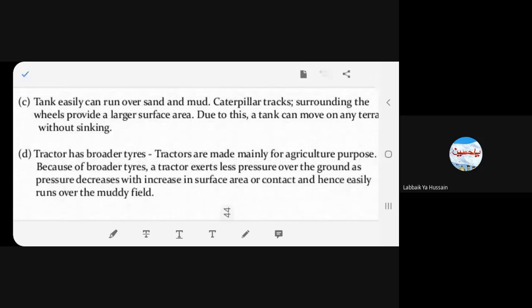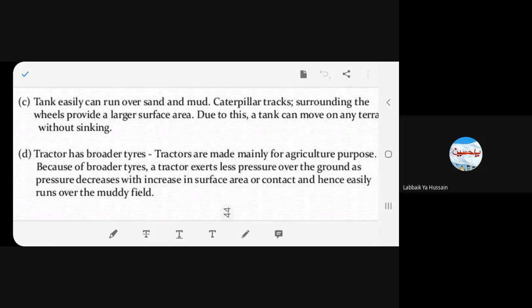A similar case we can find in tractors. We know that tractors have got broad tires. Where are we using tractors? For agriculture. Now, when we know that a tractor has got broad tires, that means it is only giving less pressure to the land or the ground. Okay?